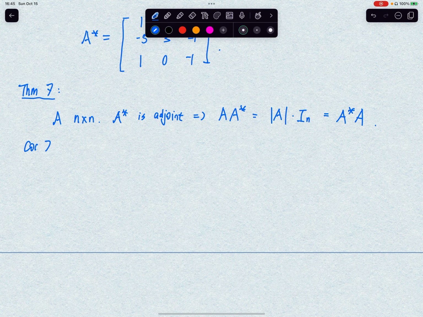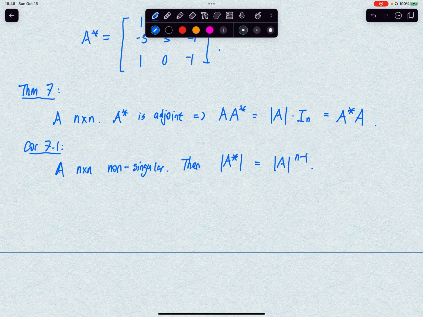And a corollary follows. Still, A is n by n and it is non-singular. Then the determinant of the adjoint A star equals the determinant of A to the n minus 1th power.